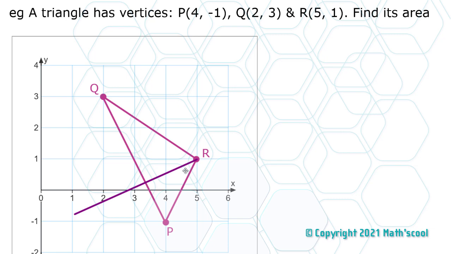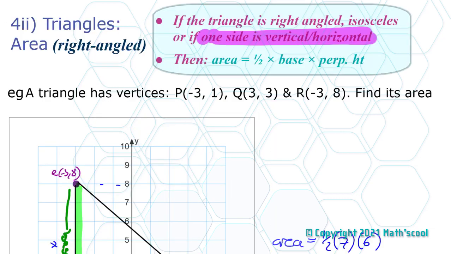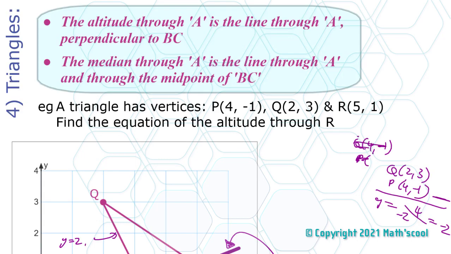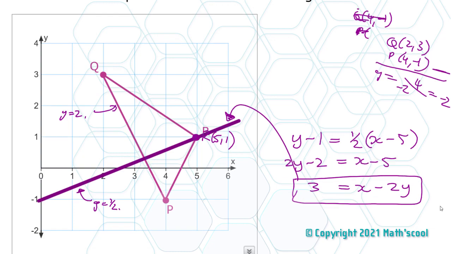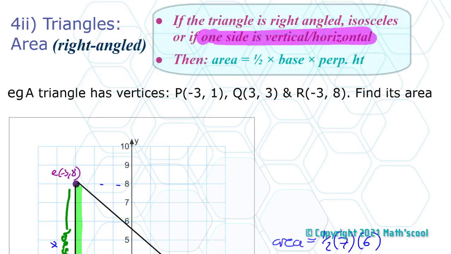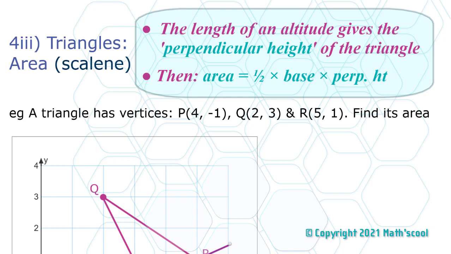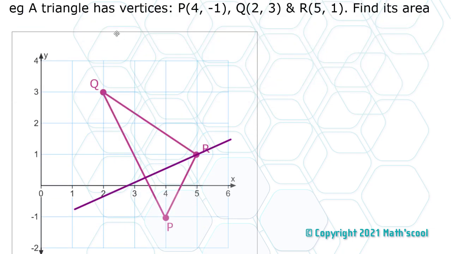And so we found the equation of the altitude before. We just did that over here. There was the altitude. It was x minus 2y equals 3. So x minus 2y equals 3. That's going to help us.